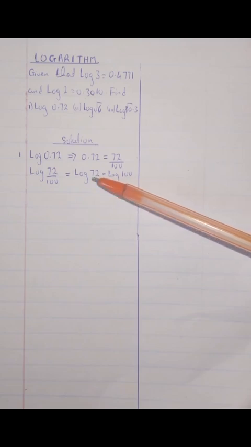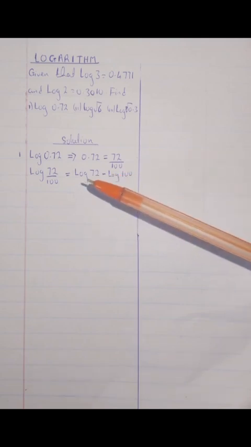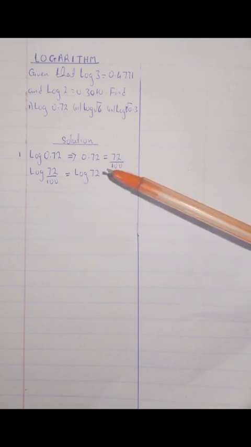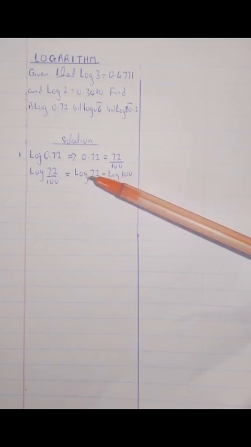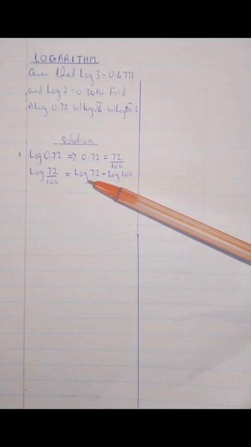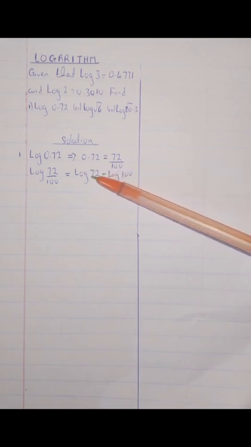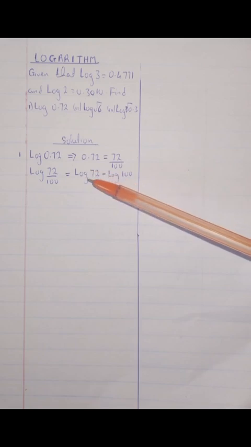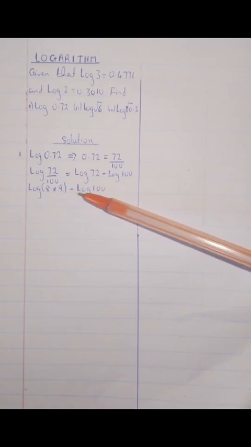So we replace 72 by 8 times 9, and we'll be having log 8 times 9 minus log 100.